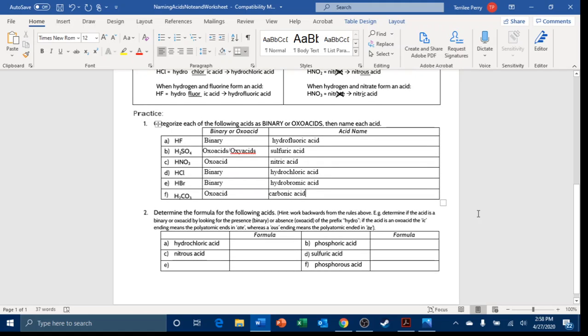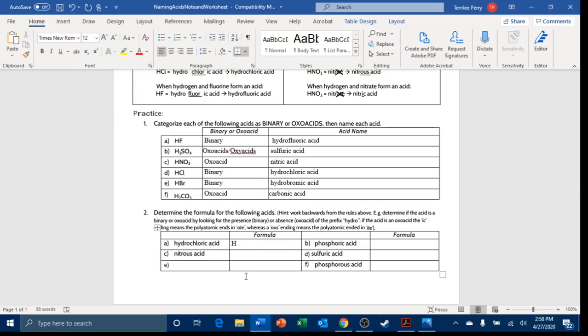Okay, so we're going to look at the ones down here, and we're going to work backwards. The first thing you need to know is if it's binary or not, because that'll help you. If it's binary, it starts with hydro. So we know that it's binary because it's hydro.